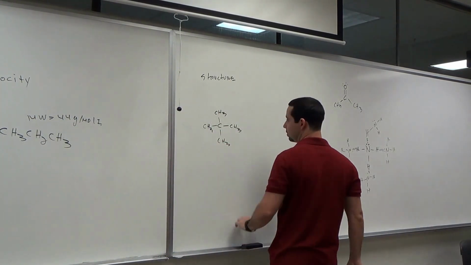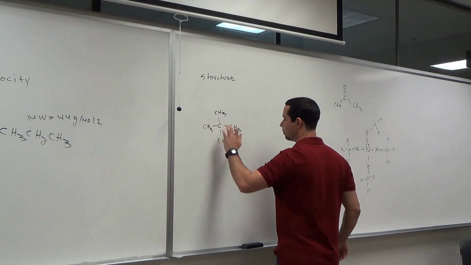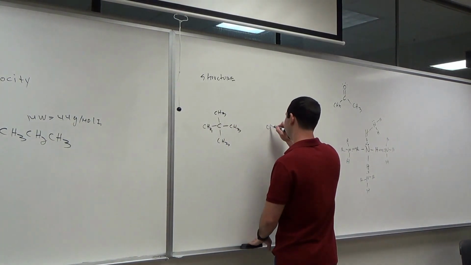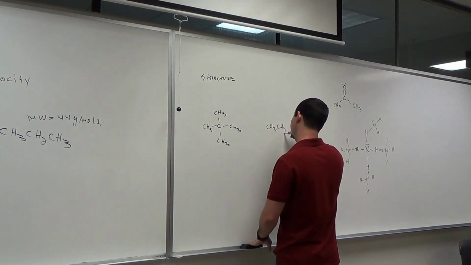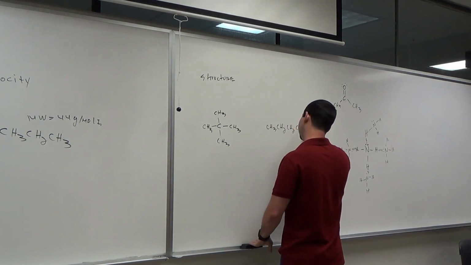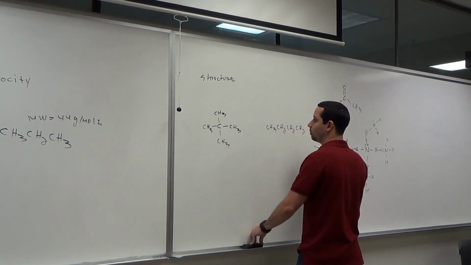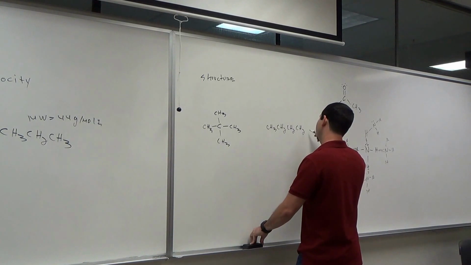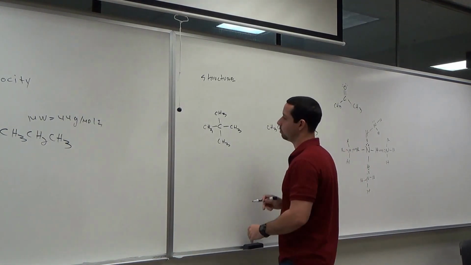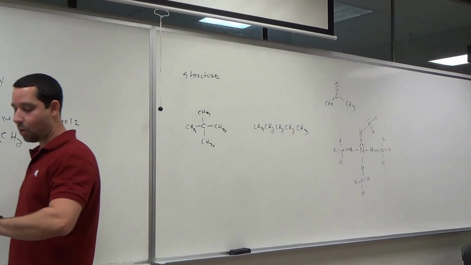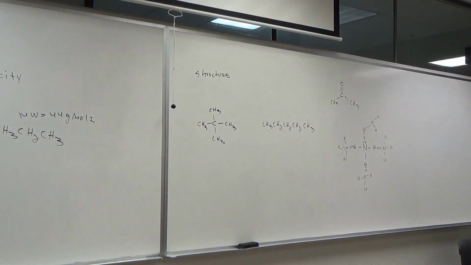We have something like this. The question is, which of those two will have a higher boiling point? And this will go to organic chemistry 1 or organic chemistry 2 and for the rest of your life. The linear one.